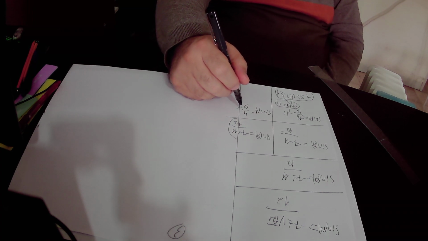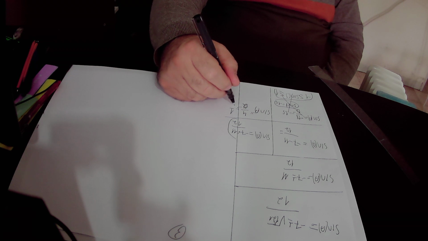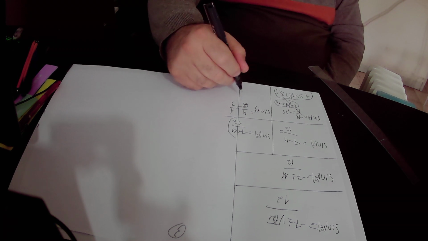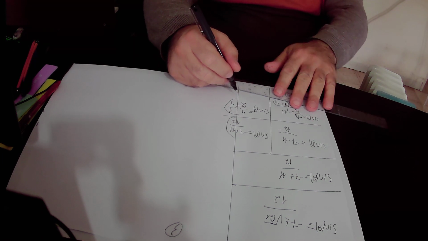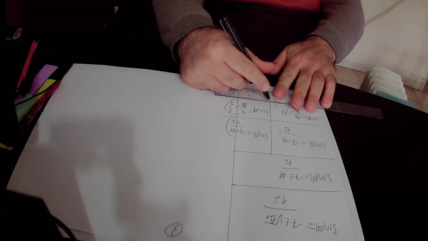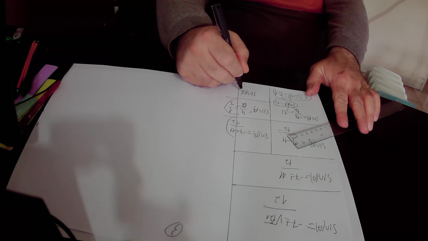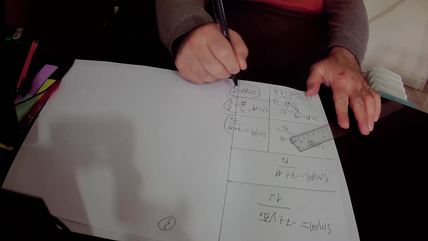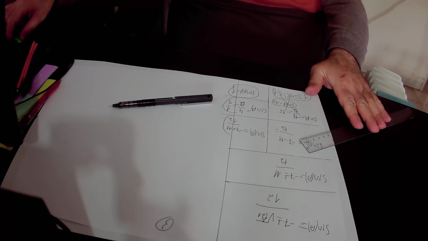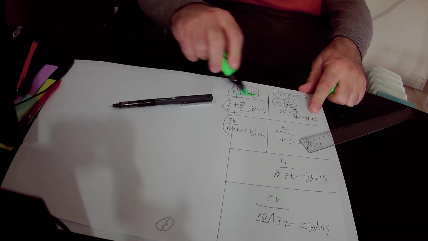We'll divide both the numerator and the denominator by 4, and we'll get that 4 over 4 is 1 and 12 over 4 is 3. So in conclusion, we found that sine theta equals 1 over 3. Okay, sine theta equals 1 over 3.